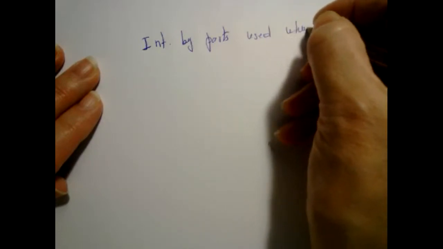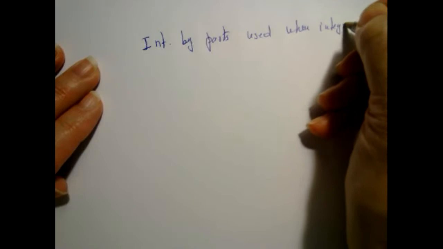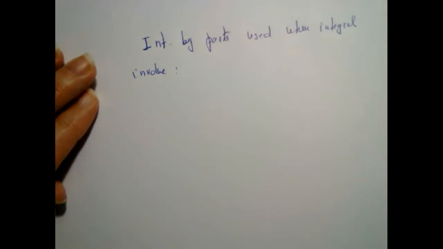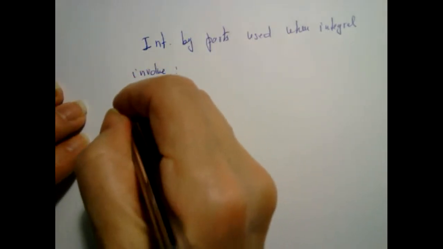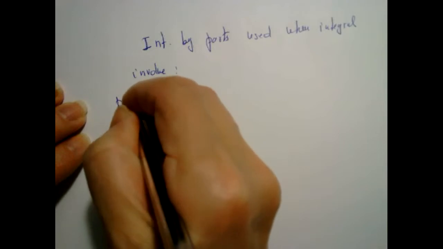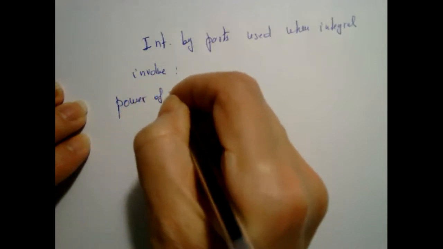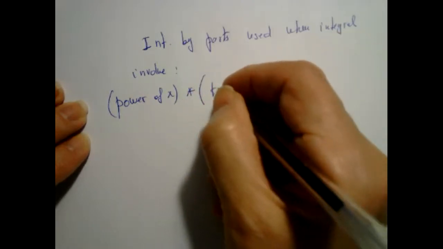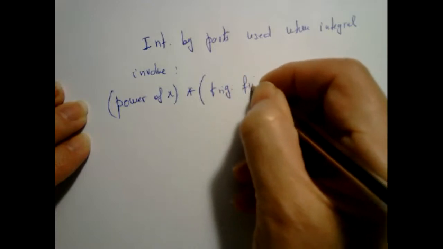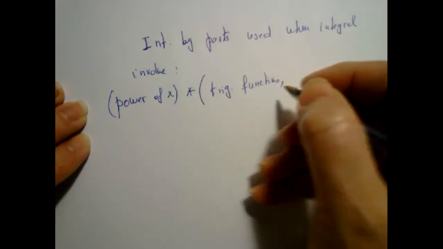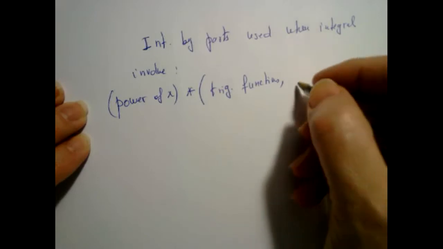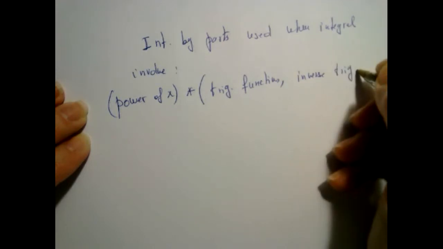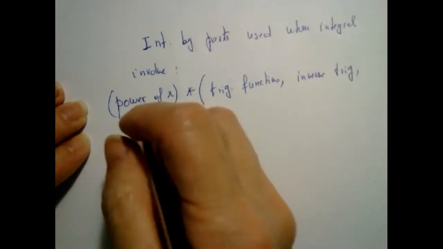Integration by parts is used, in general, as a general rule, when the integral involves those types of functions, usually. A polynomial in x or a power of x multiplied by something, like a trig function, sine, cosine, etc. Inverse trigonometric functions, sine inverse, cosine inverse, tangent inverse, and so on and so forth.